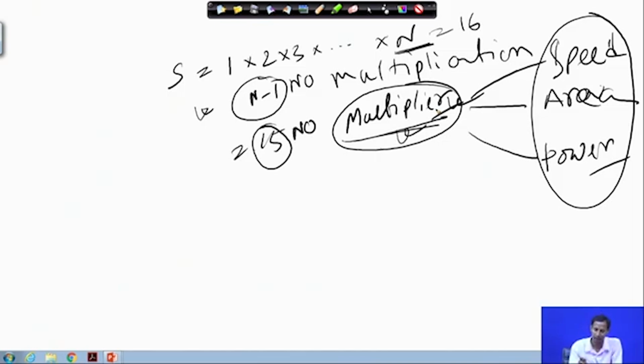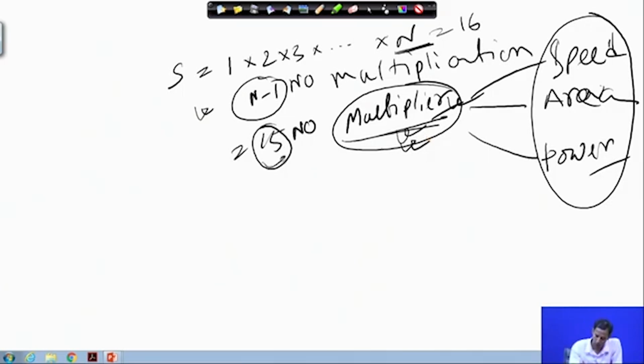But the message from this point is that a multiplier is a circuit which costs more area.